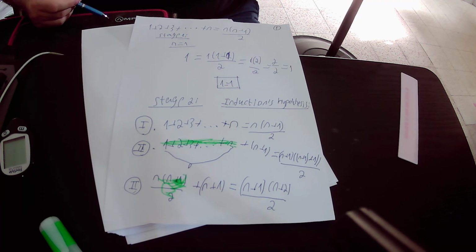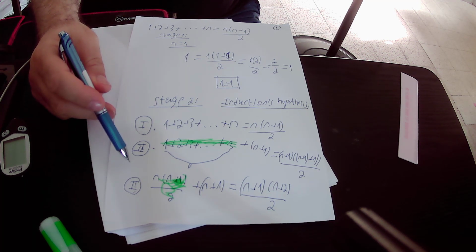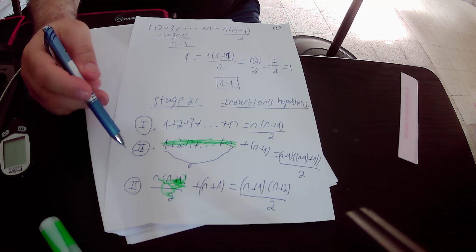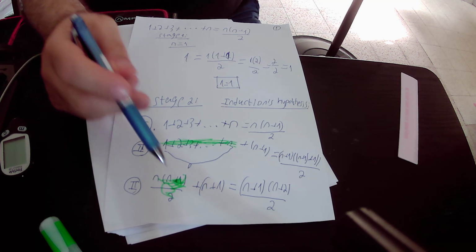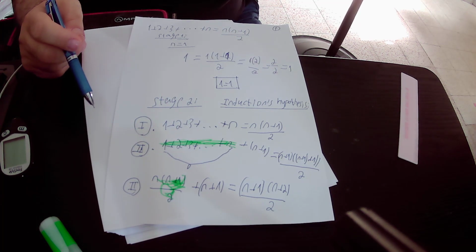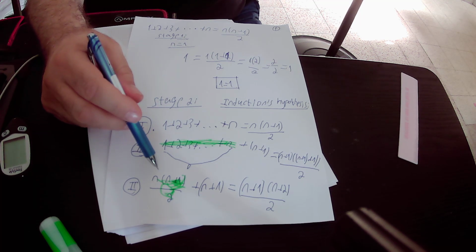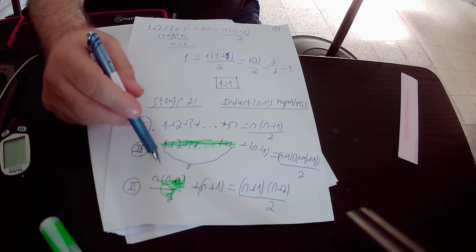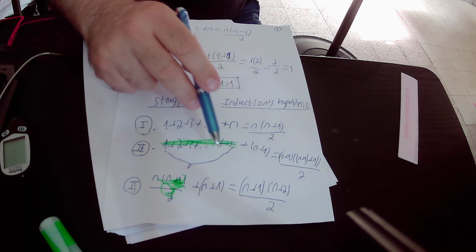Okay, so we must prove that expression 2 is true. So actually we can divide the two sides of the equation by n plus 1, because we have n plus 1 on both sides of the equation.